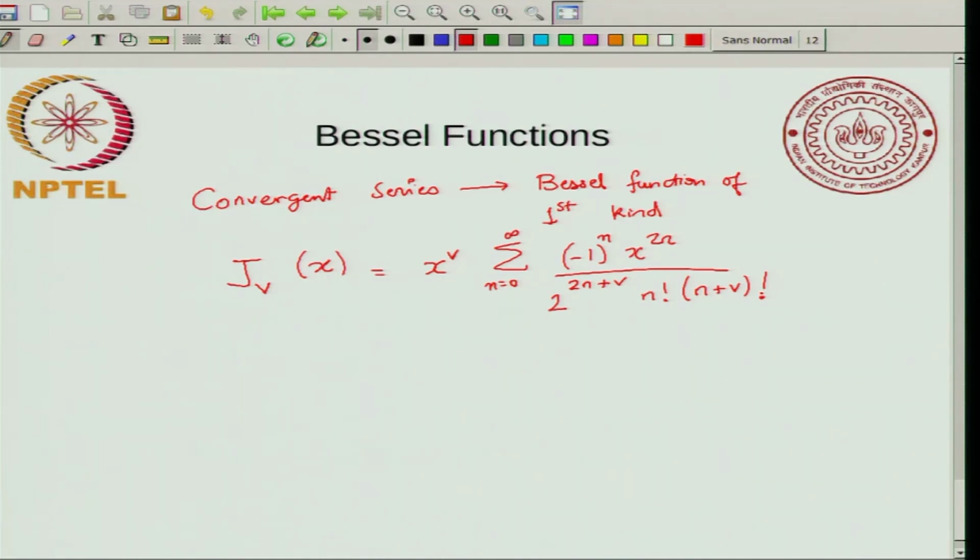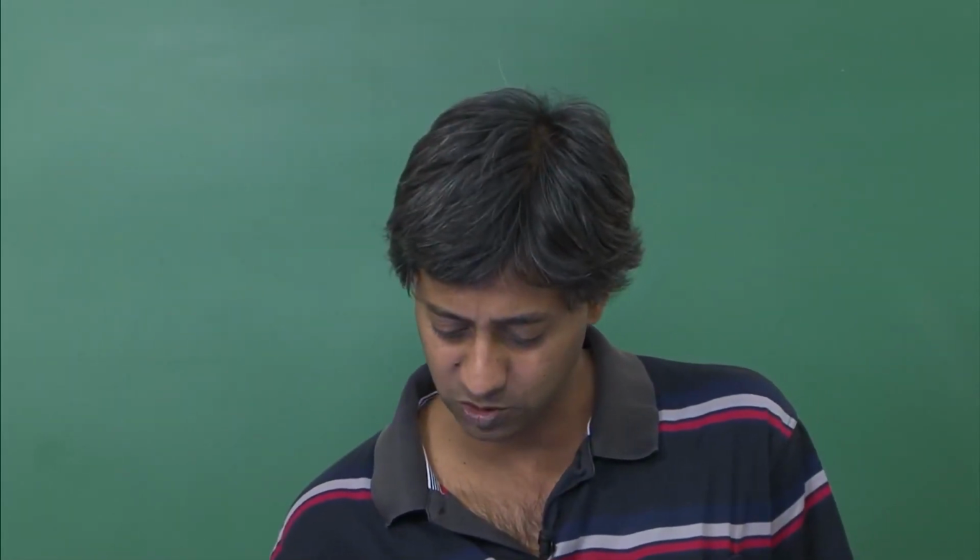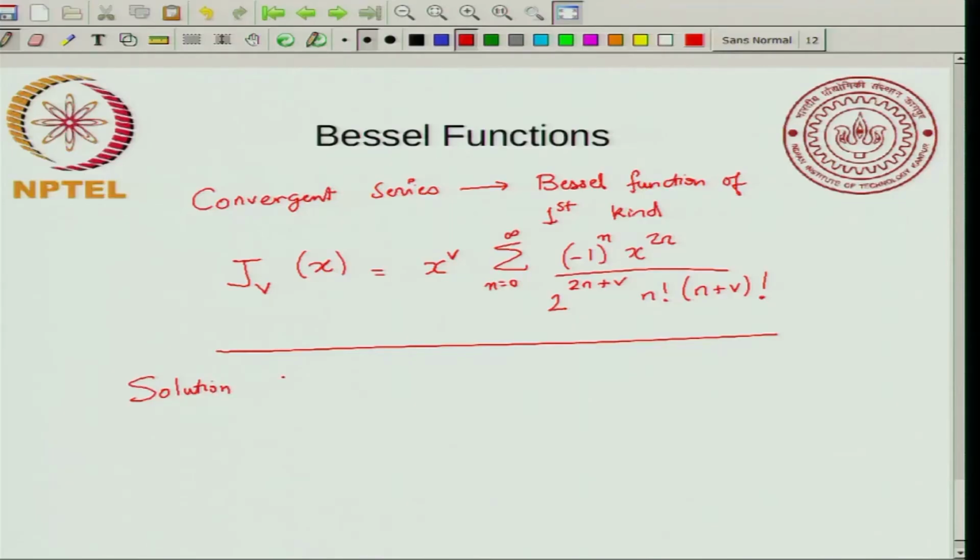So basically, if you use the power series method in the usual way, you will get this as the convergent series when v is either 0 or a positive integer. This is the solution of the Bessel equation for v equal to 0, 1, 2, etc. This is one solution, obtained by the Frobenius method.